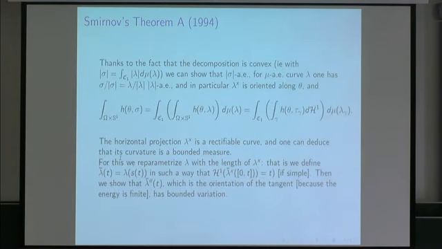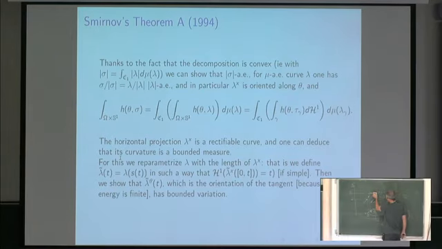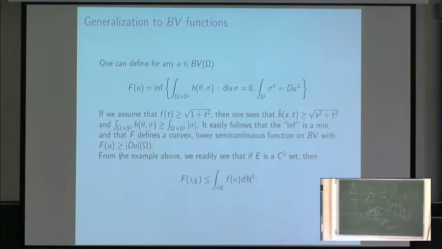So from this fact, it's relatively easy to show, it's a bit technical, but very easy in fact, that almost everywhere in the sense of this measure, for almost all the curves in the representation, the orientation of the initial measure is the orientation of the curve. And this is very important in our setting because we look only at measures which have finite energy here.